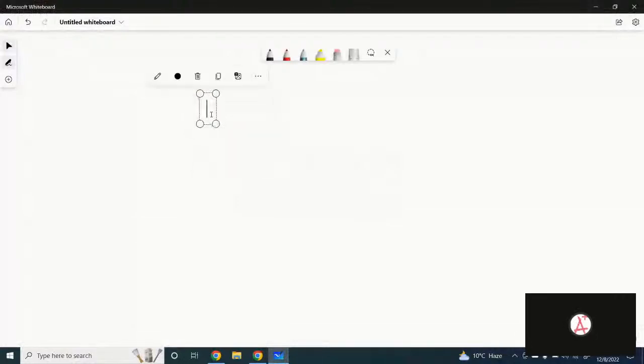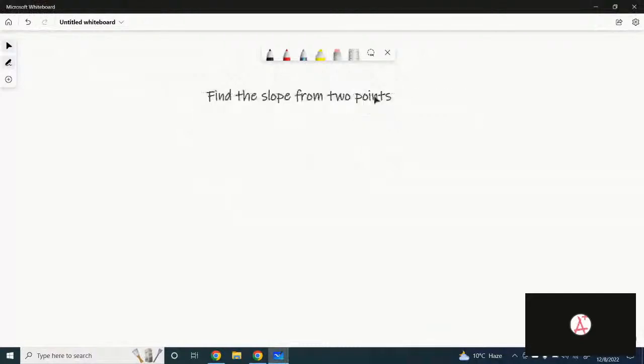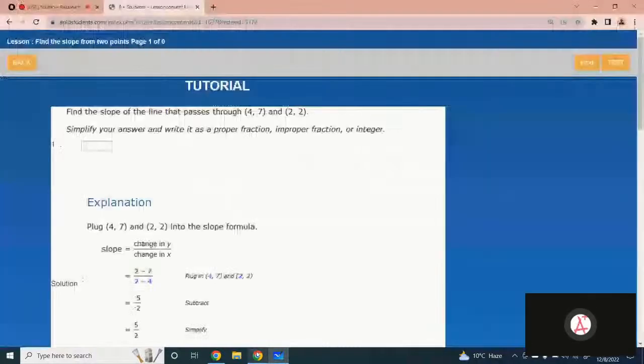So the lesson name is find the slope from 2 points. Okay, let's start with the lesson.